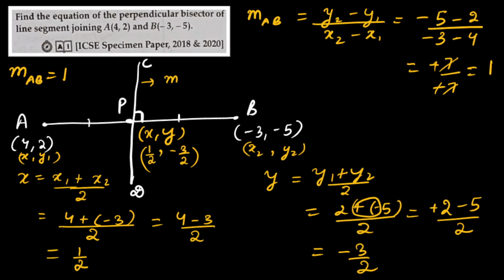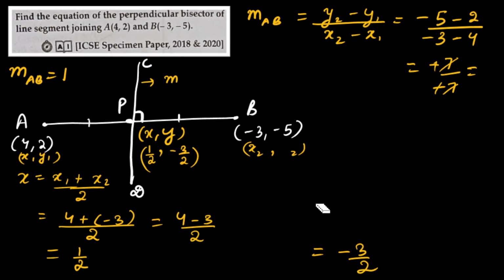Okay, so now we know CD is perpendicular to AB. So how will we find the slope of CD now? CD is perpendicular to AB. So the slope of CD is equal to minus 1, because we know if two lines are perpendicular, then their slopes are negative reciprocals of each other.